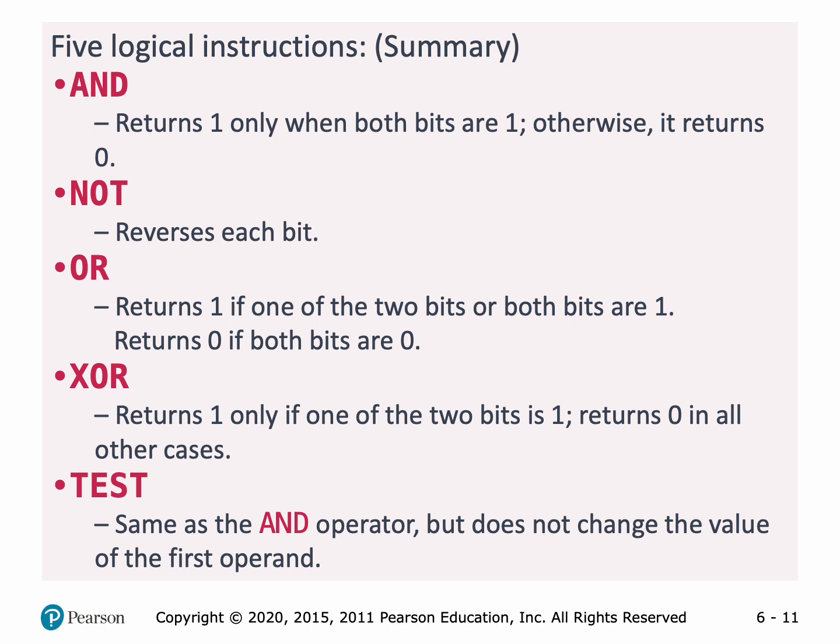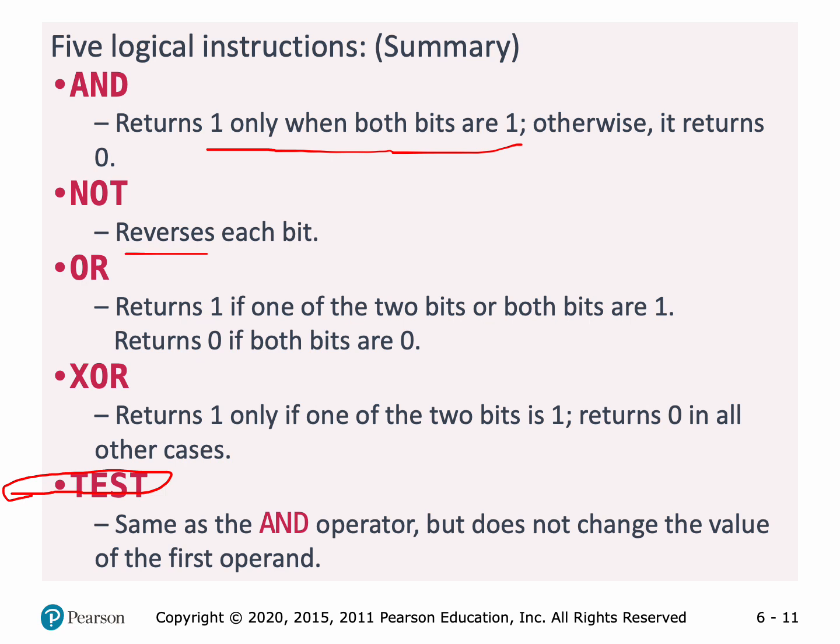This here's just a chart that I added to give you a summary of all the instructions. Actually, I haven't gone over the test instruction yet, but with the AND, it returns 1 only when both bits are 1. Otherwise, it always returns a 0.